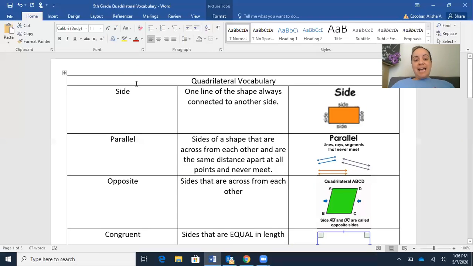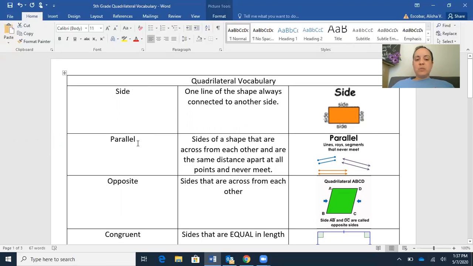So if I say side, everyone say this word with me, side. A side is one line of the shape always connected to another side. So here's a picture. This shape is a rectangle. It has 1, 2, 3, 4 sides. So this is a side, this is a side, side, and side.